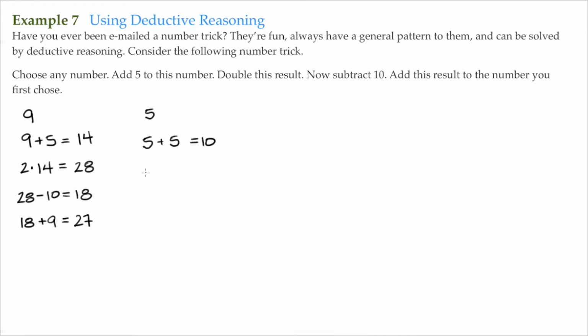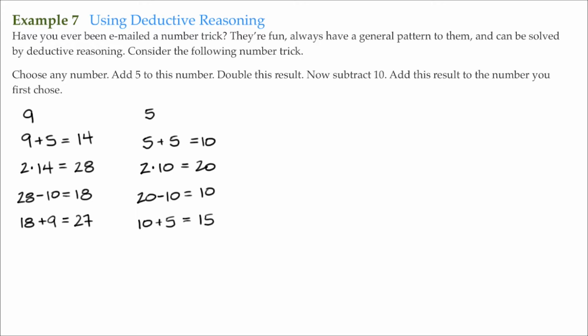Double this result. 2 times 10, that's 20. Now subtract 10. 20 minus 10, that gives us 10. Add this result to the number you first chose. 10 plus 5, that gives us 15.